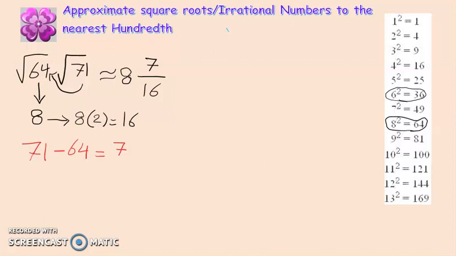So jump to the last step, which is dividing numerator by denominator. I need to divide the numerator 7 by the denominator, which is 16. How many 16 go into 7? Impossible. You need the decimal point and then a 0. How many 16 go into 70? By trial and error, you will see 4 times.